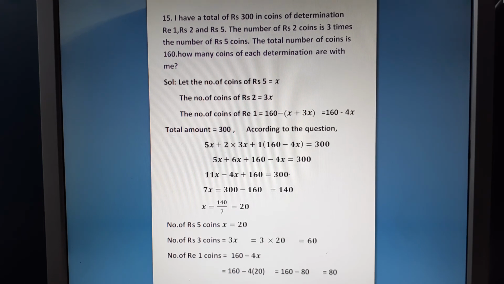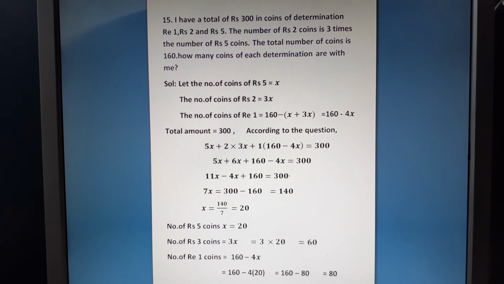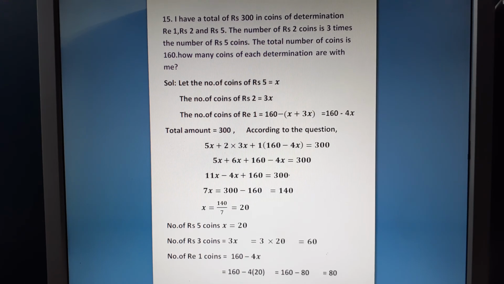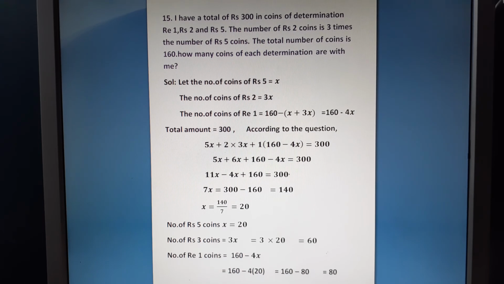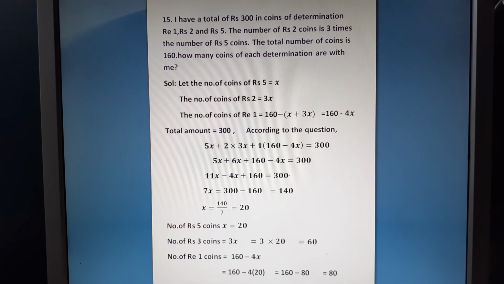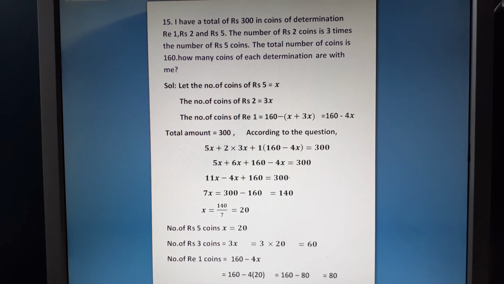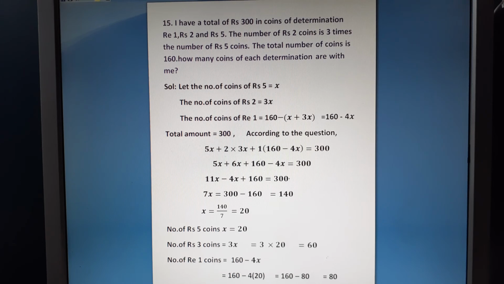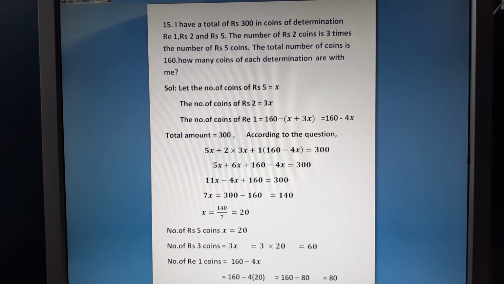Now 5x plus 2 into 3x is 6x. 1 into 160 is equal to 160 minus 4x into 1 is minus 4x is equal to 300.